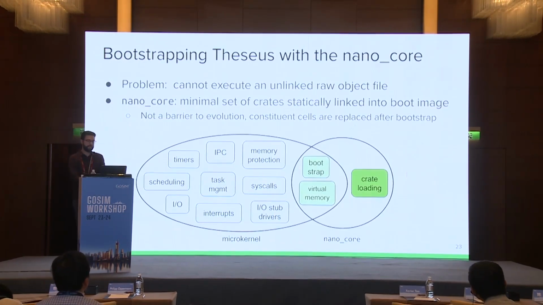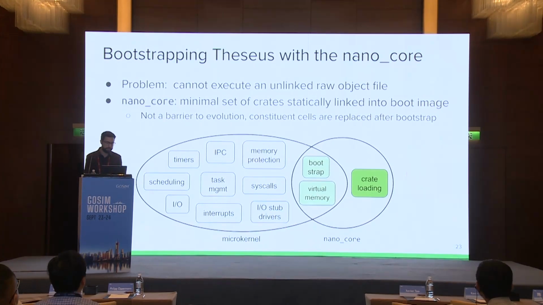So we term this the nano core because it's very small, right? It has a series of super minimal functionality. All it does is set up OS bootstrap, takes over from the bootloader, sets up a very bare bones virtual memory subsystem so that we can actually load things. And then it includes the crate loading, which is effectively a linker and a loader that I implemented in Rust that runs within the core of the OS, right?